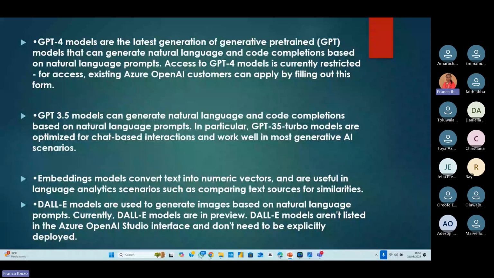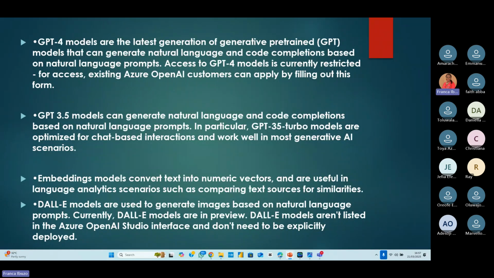Access to GPT-4 models is currently restricted; existing Azure OpenAI customers can apply by filling out a form. You also have GPT-3.5 before GPT-4. These models can generate natural language and code completions based on natural language prompts.